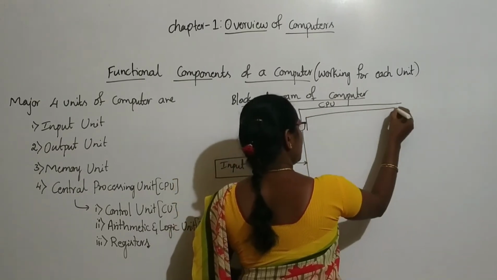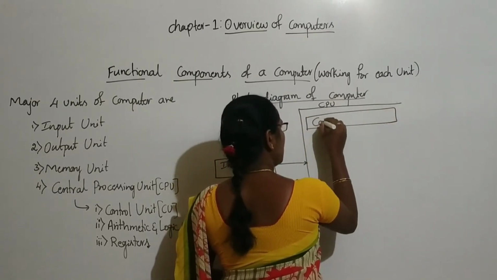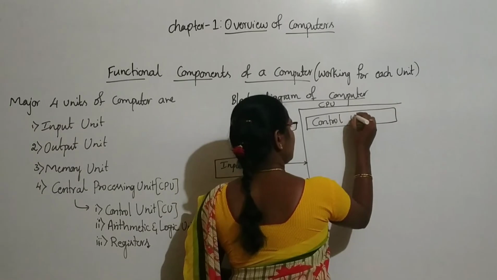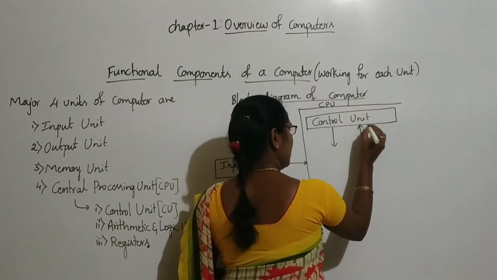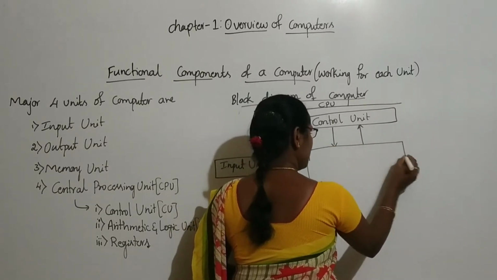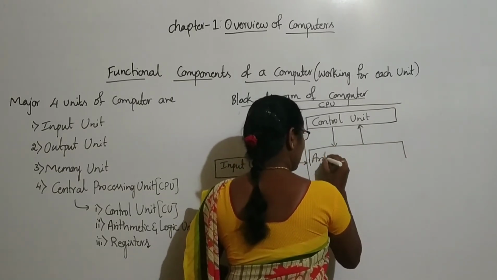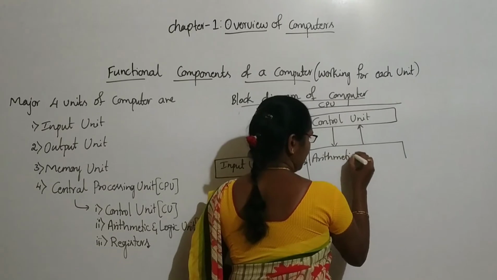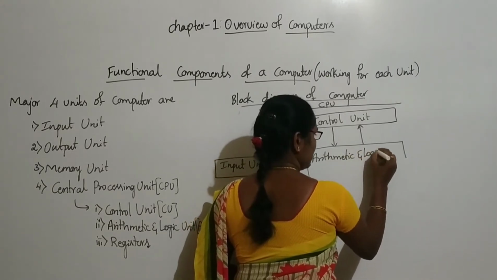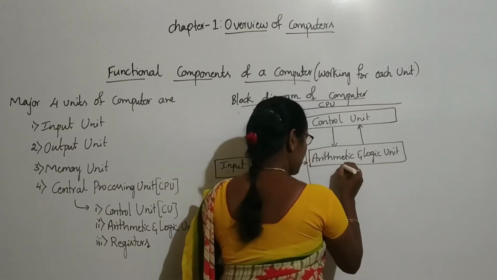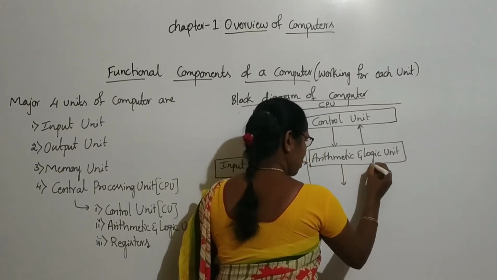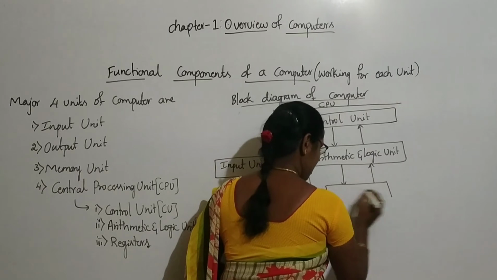The CPU has a control unit, and it has an arithmetic and logic unit, and also a third subcomponent, registers.